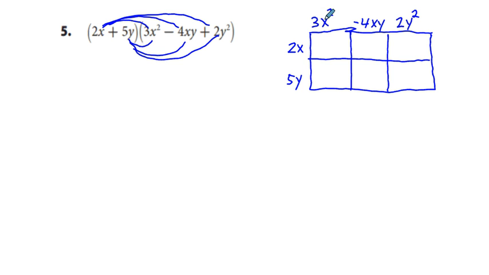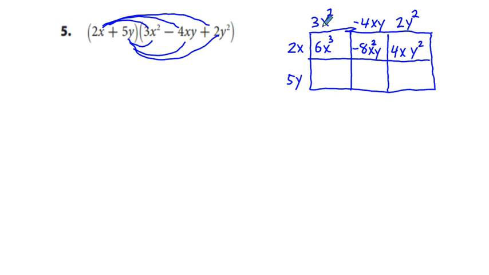So now 2x times 3x squared is going to be 6x cubed. Again, multiply the numbers, add the exponents. 2x times negative 4xy is going to be minus 8x squared y. Then we have 2x times 2y squared, which is 4xy squared.